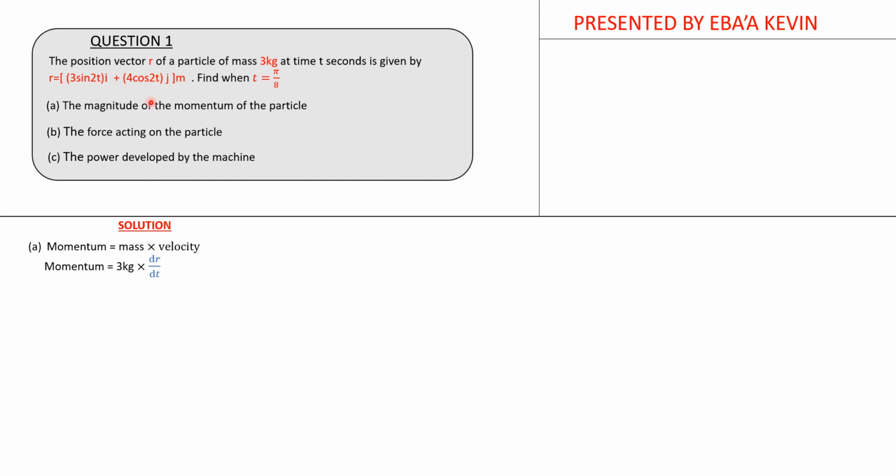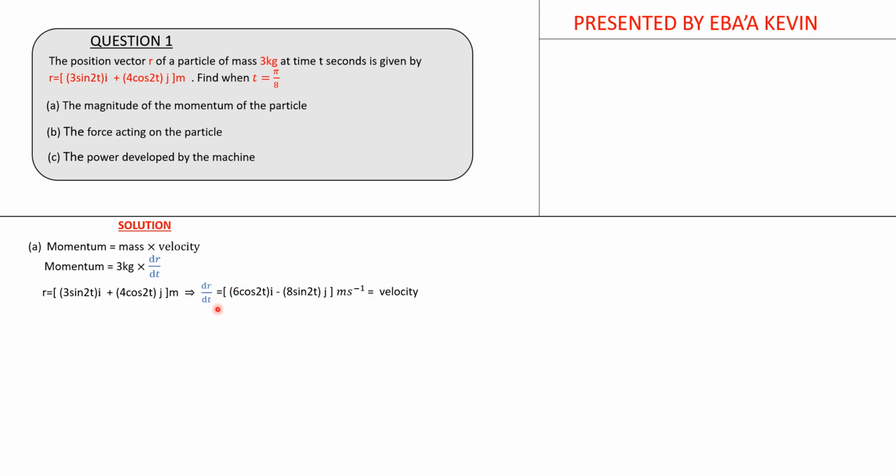So knowing that r is equal to 3 sin 2t i plus 4 cos 2t j meters, differentiating r with respect to t, we are going to obtain 6 cos 2t i minus 8 sin 2t j, in meters per second, of course, because the SI unit of velocity is meters per second.